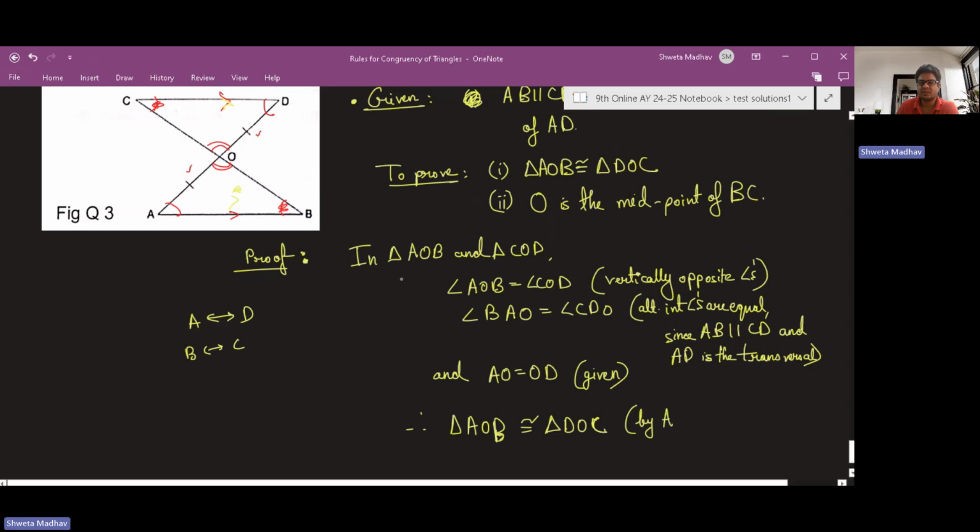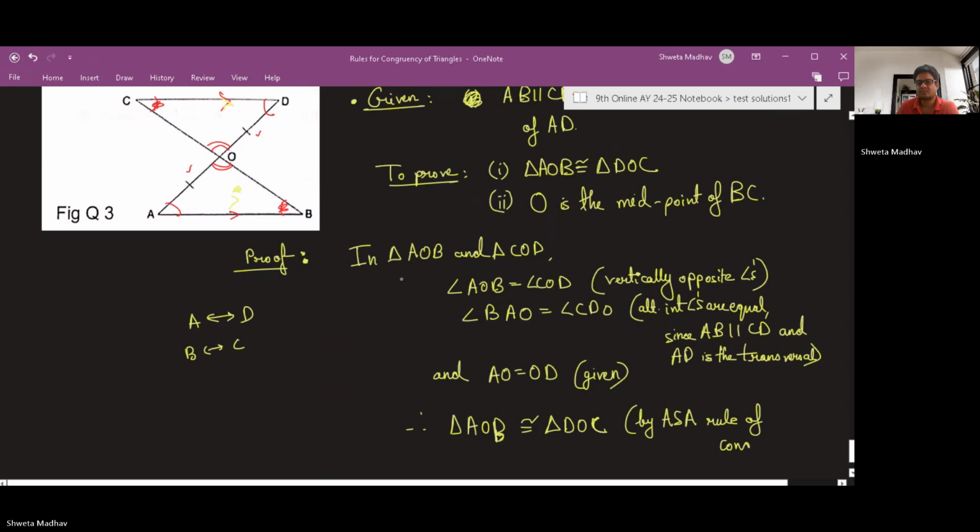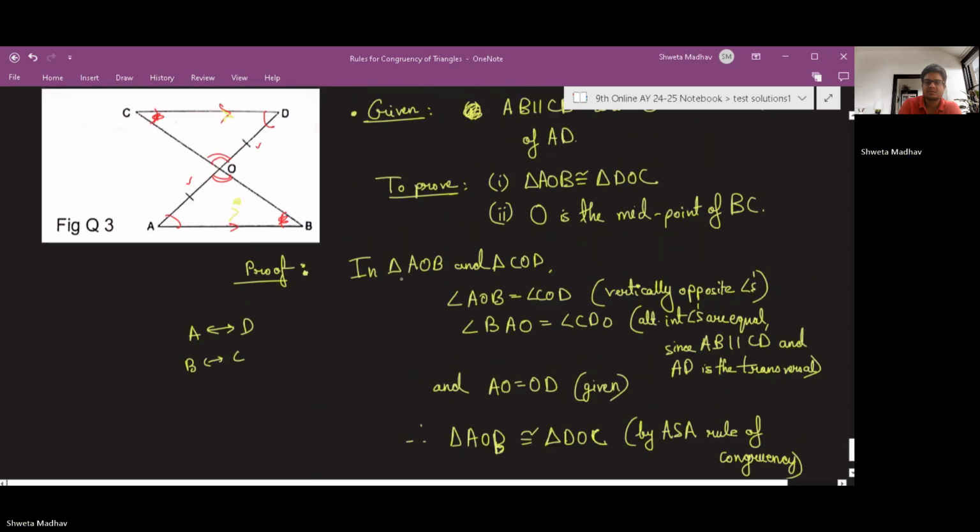By the ASA rule, the angle side angle rule of congruency, since we have taken two angles and the included side of those two angles.